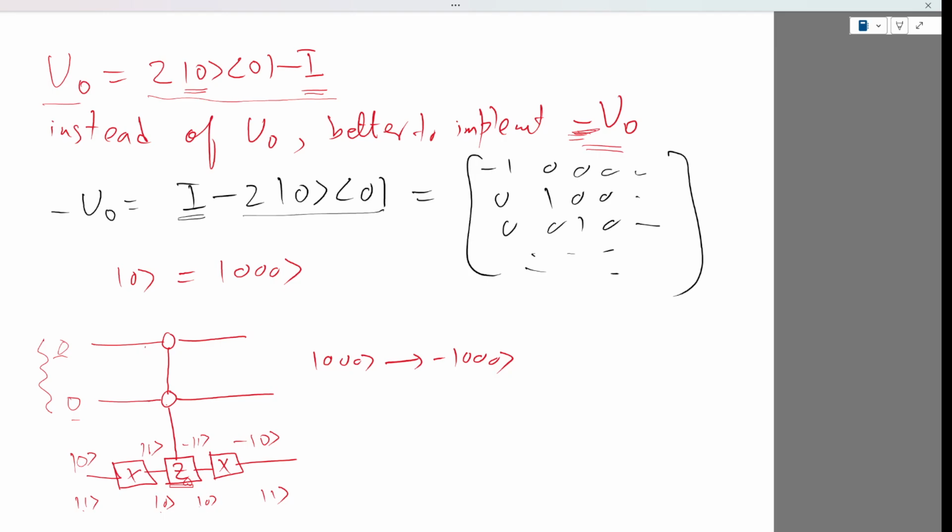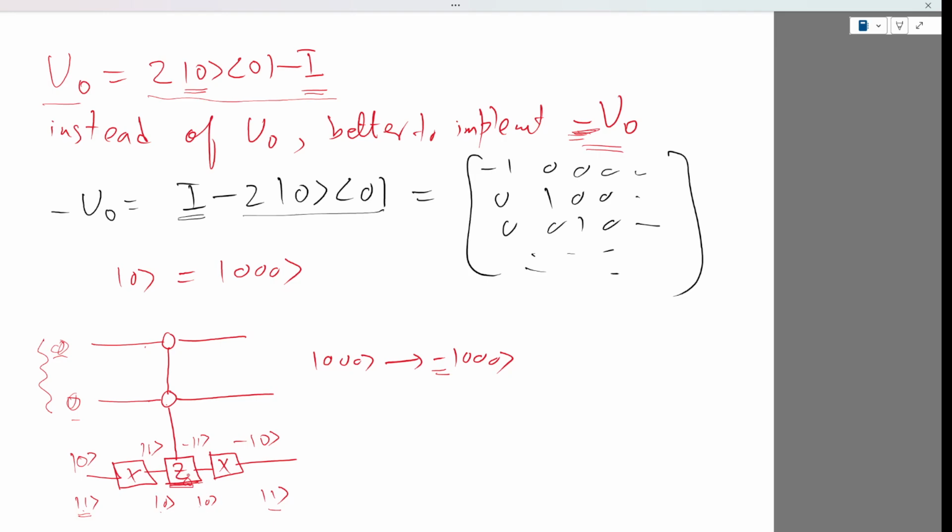So even when this is activated but there's 1 here, we will still get positive 1. So we are getting the minus sign only when all three inputs over here are 0, if we have this circuit. And again, as we just saw previously, this multi-control Z is a little bit difficult in Qiskit.